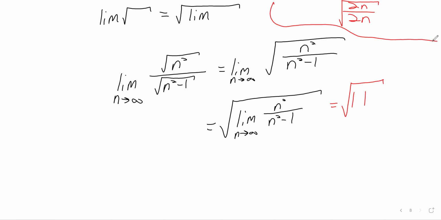The limit of n squared over n squared minus 1 is 1. We take that limit, we get the square root of 1, which is 1.